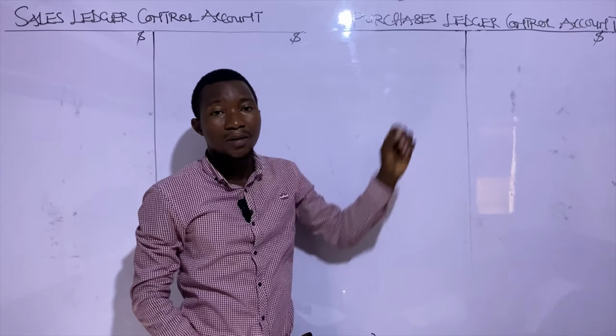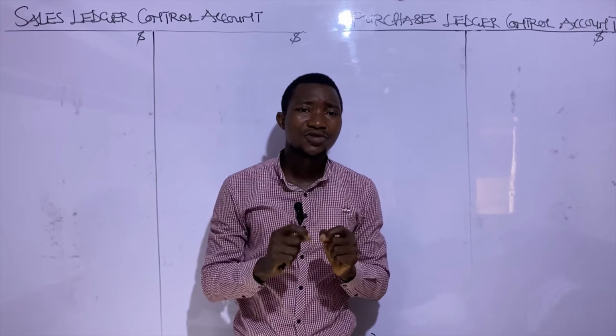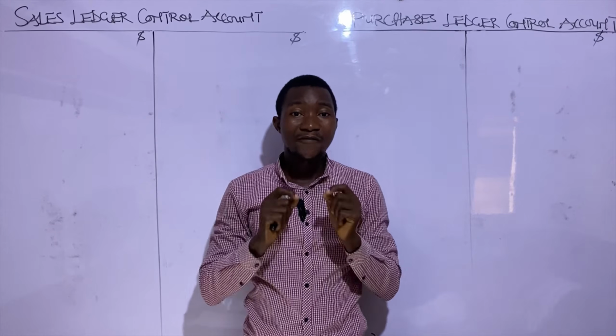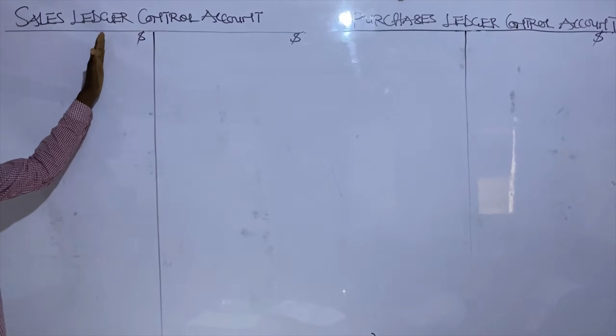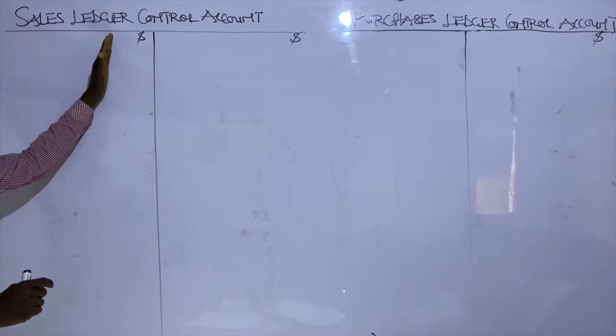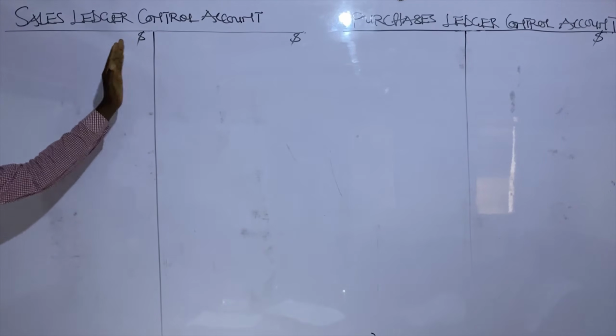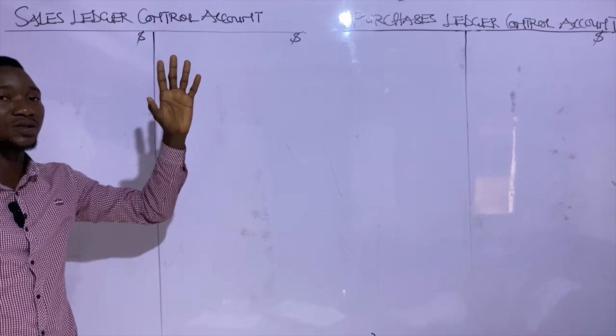Is that okay? But in solving control account questions, there are certain clues that you need to take note of. The first clue is that, because this is a total debtors account, the way you treat debtors account, treat sales ledger control account as such. The way you treat creditors account, treat purchases ledger control account.